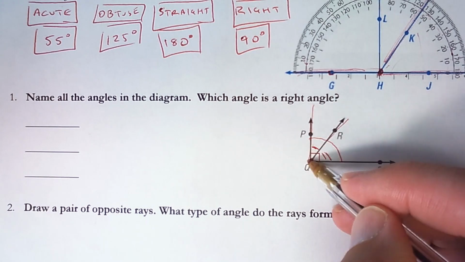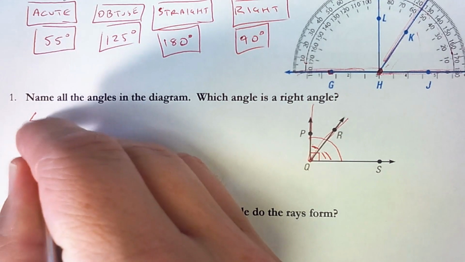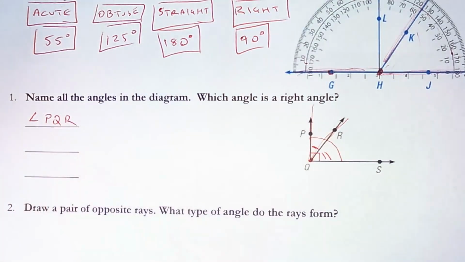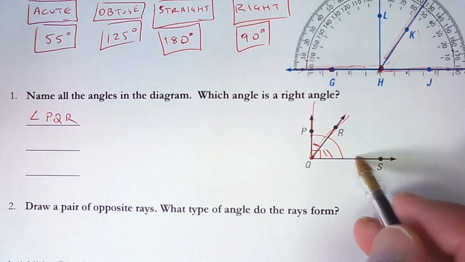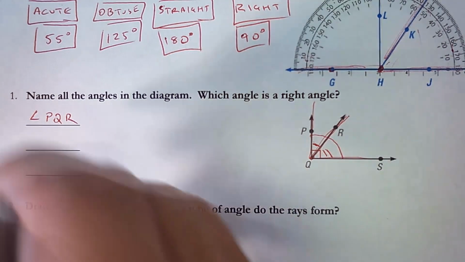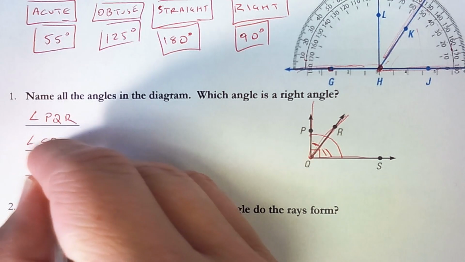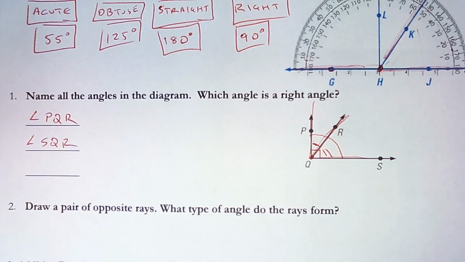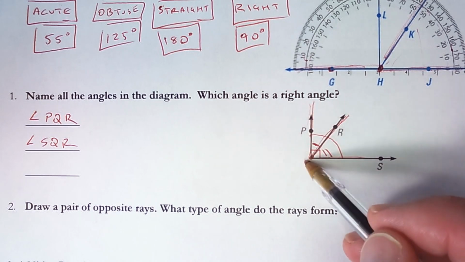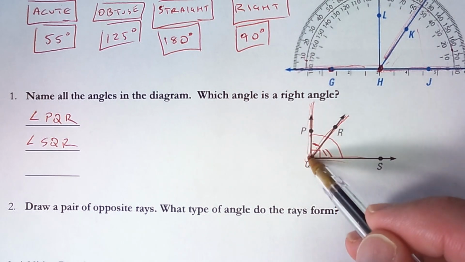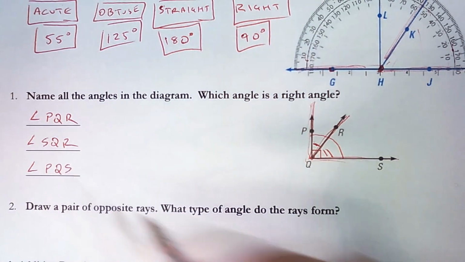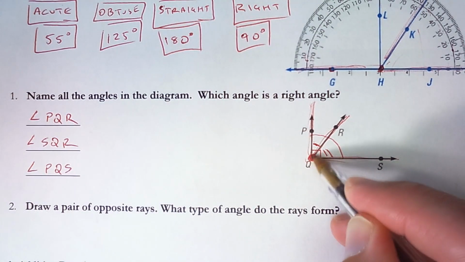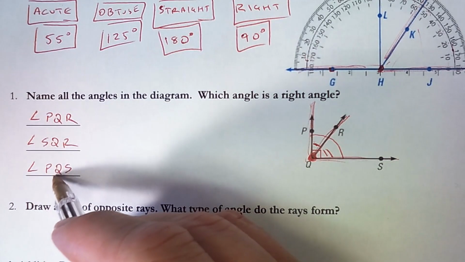Angle PQR. I see angle SQR. And I see on the outside angle PQS. Notice every time, Q, the vertex, is in the middle.